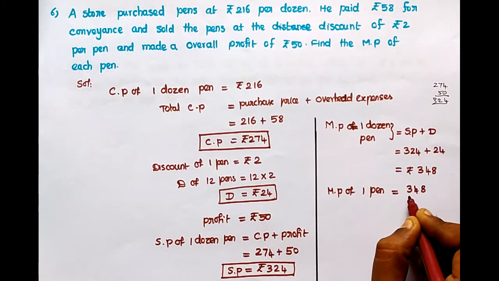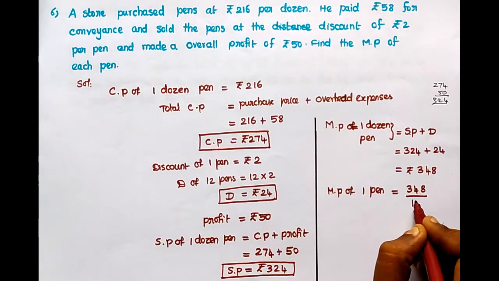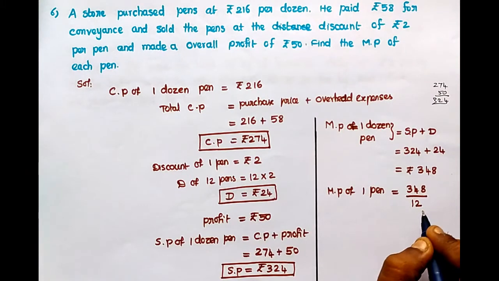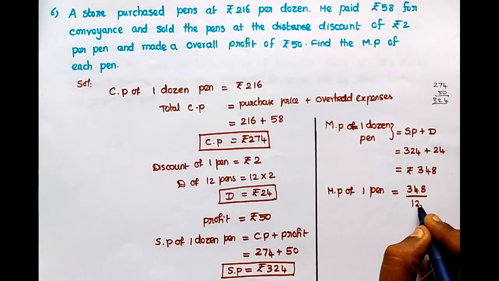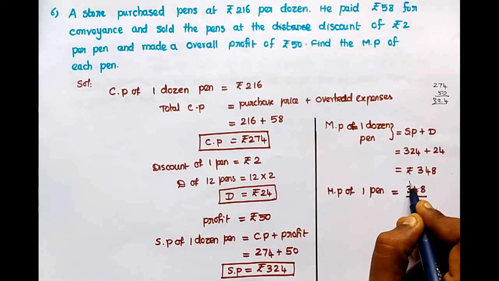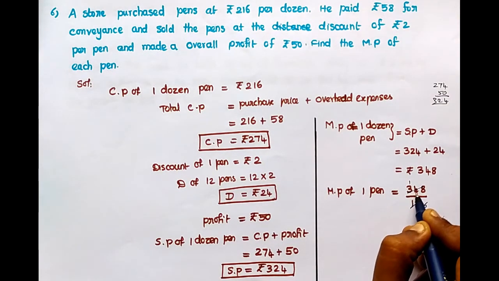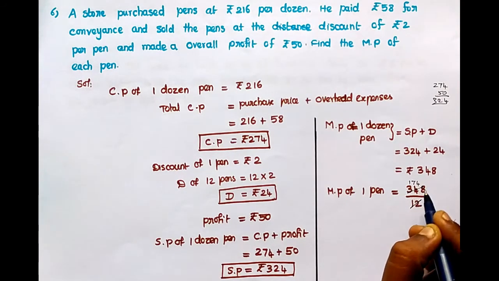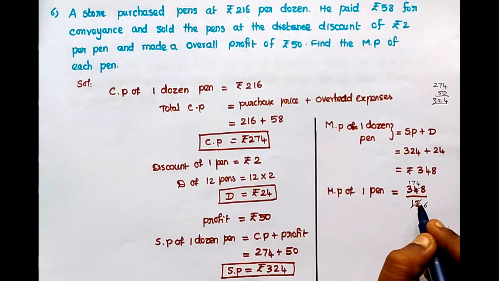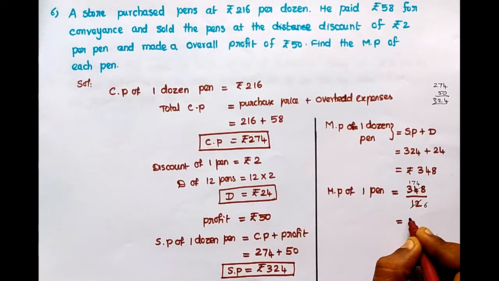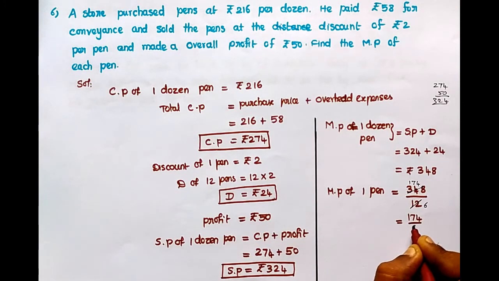348 divided by 12. Now cancel these numbers. First by 2 table. 6 2s are 12. 1 2 is 2. Balance 1, it becomes 14. 7 times 4. So 174. Balance remaining number 174 by 6.